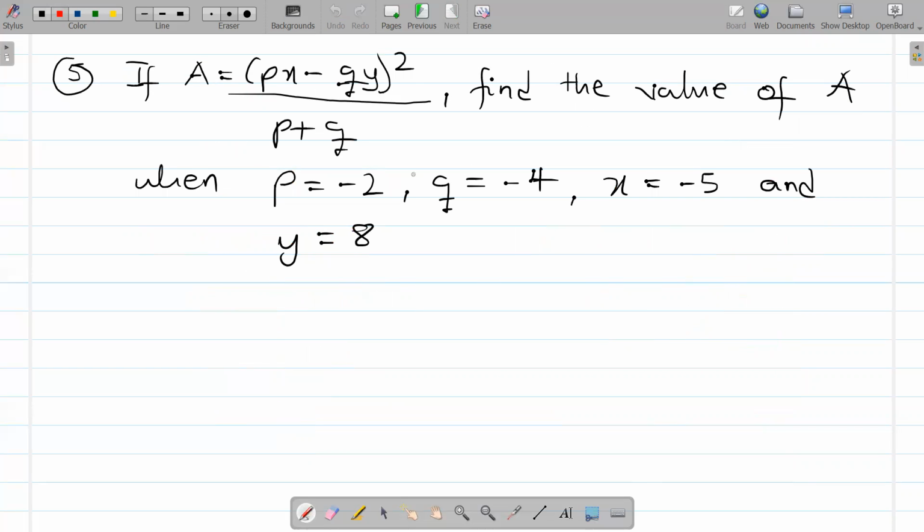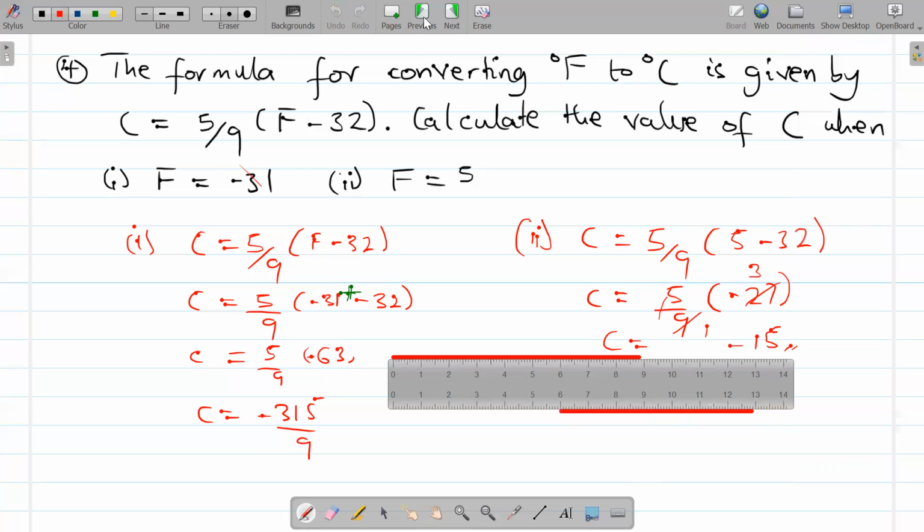Okay, so if A is equal to PX minus... Oh, okay, we didn't finish this. We finished with this, huh? Okay, you got a minus 15, right? Minus 15, yes. Then I got this one wrong also, so I can check what went through. Okay, so let's look at what you have.